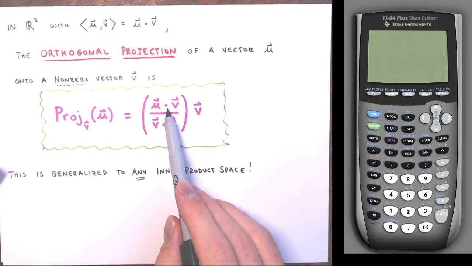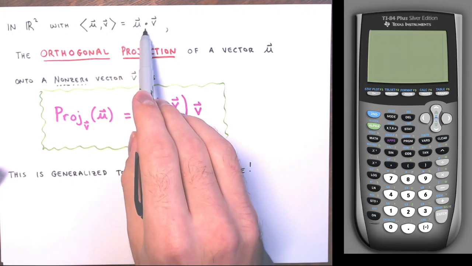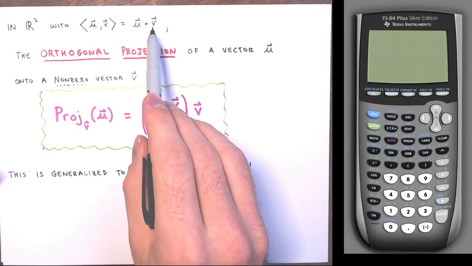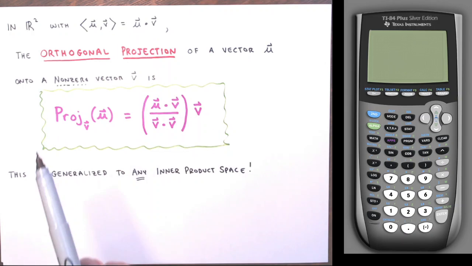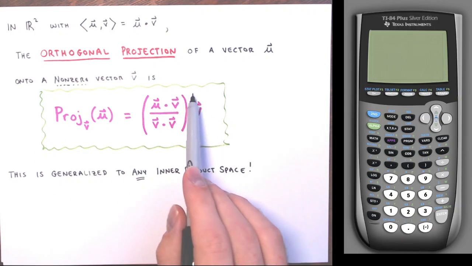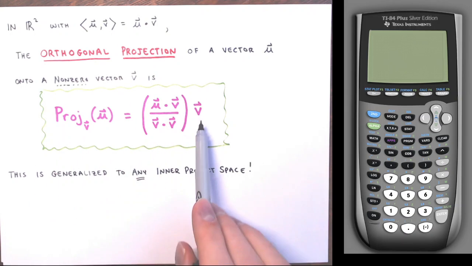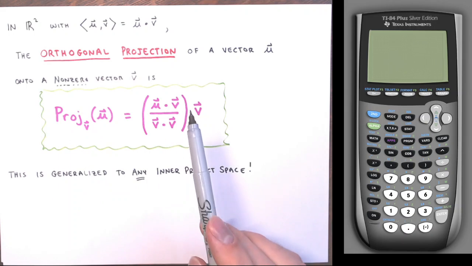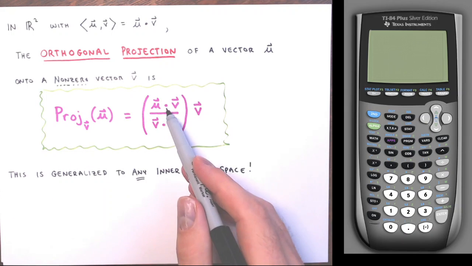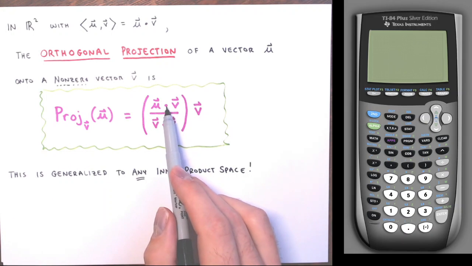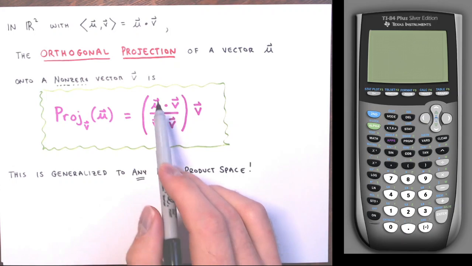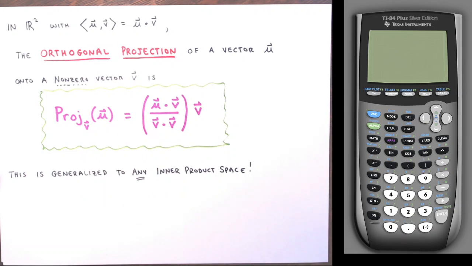Now the dot product here was just the inner product, the way the inner product was defined in this case. So this little formula for the orthogonal projection can be generalized to any inner product. I'm just going to be replacing the dot product with any inner product on some inner product space. So this is generalized to any inner product space in the following way.